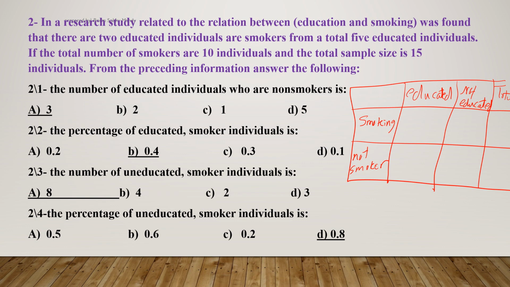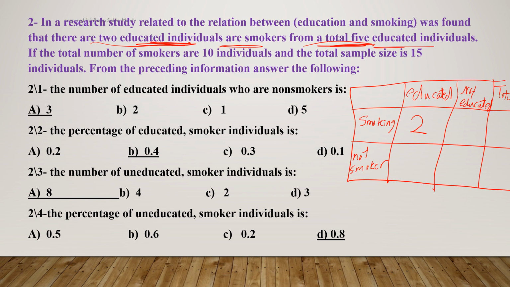Okay. There are 2 educated individuals and smokers. So at smokers and educated, we can write 2 from total 5 educated individuals.